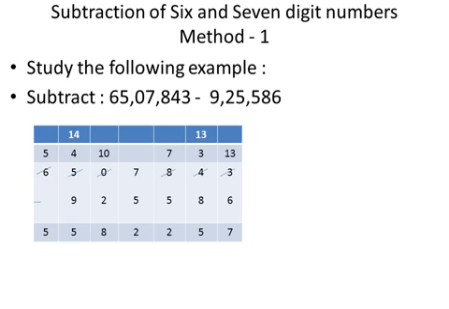So we borrow 1 from lakh place and here you write 4, and you take 1 from lakh place and then it becomes 10. So 10 minus 2 is equal to 8.